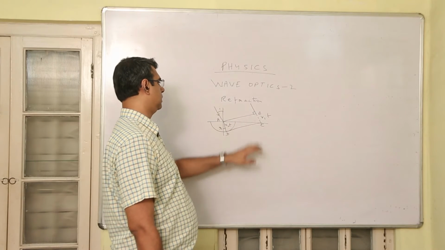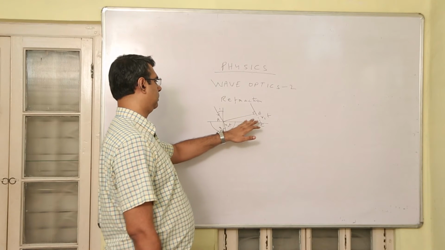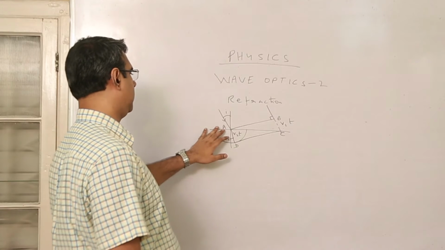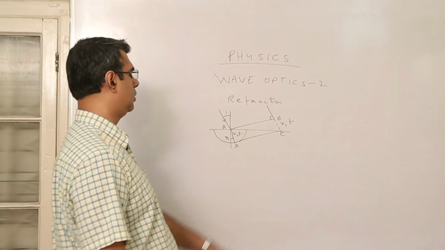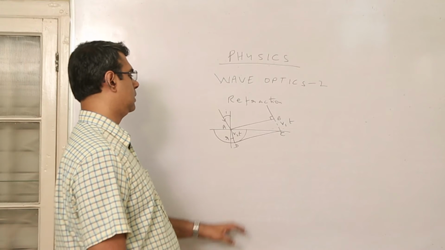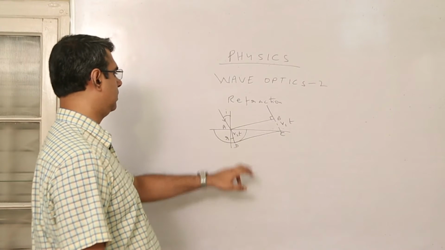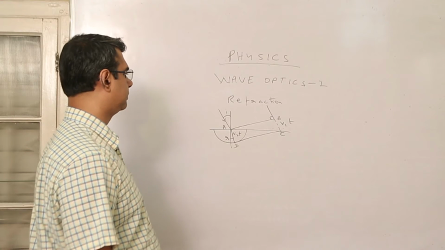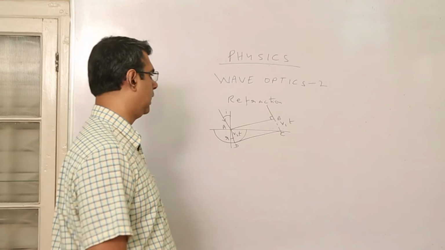Again, AB is the incident wave front. At the time of consideration, A is already at the boundary of the two media, B is about to reach the boundary, and let us say the speed of light in this medium is V1, and in this medium is V2. So the distance from B to C will be V1 into t.